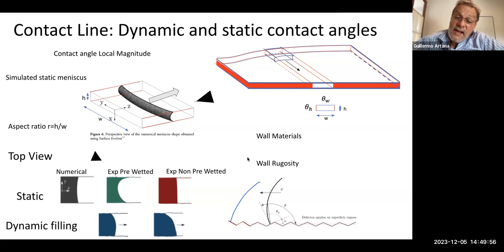So this explains a little bit the growing that we have observed in the first aspect. One of the aspects that we were interested in was to incorporate the rugosity effect in the filling of the channels. The other aspect that appears is this, the numerical top view of the meniscus that is predicted by a numerical approach, but you also have different results depending on if you pre-wet the channel or not.